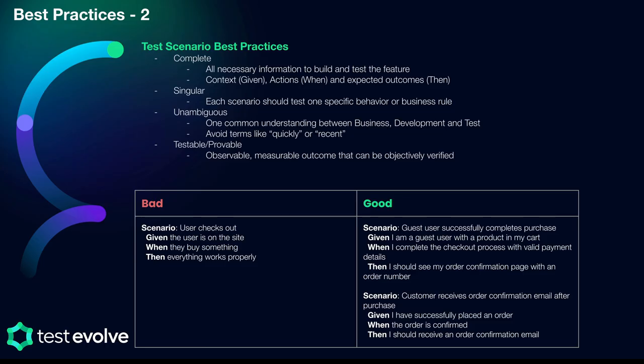And testable. So every then statement must specify an observable, measurable outcome that can be objectively verified. I myself have seen suggested requirements where the verification step is basically then everything is displayed as expected. So that's really not helpful.